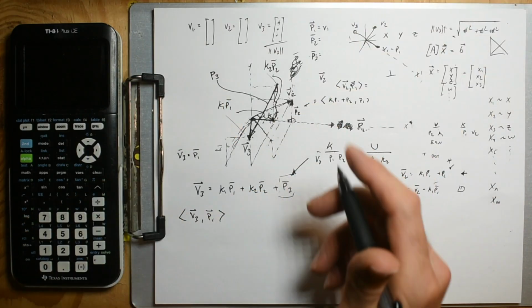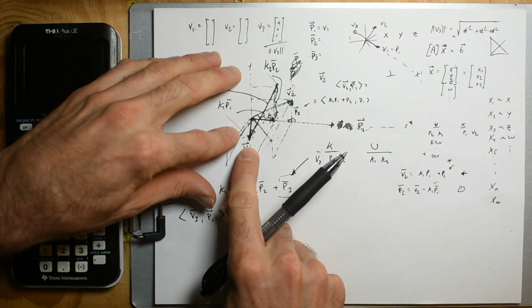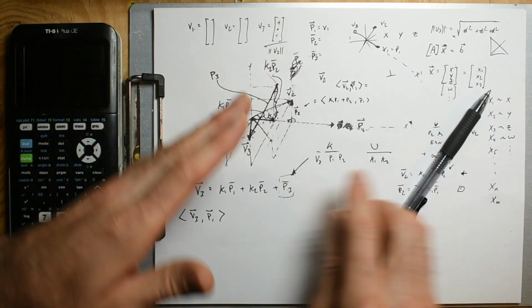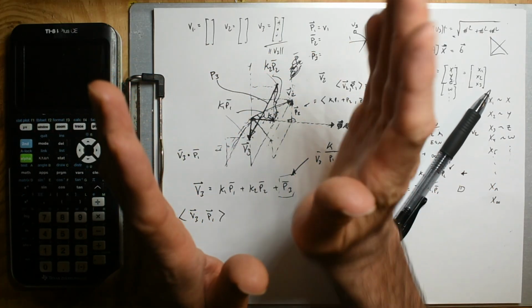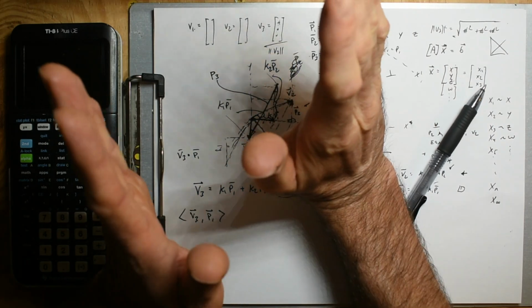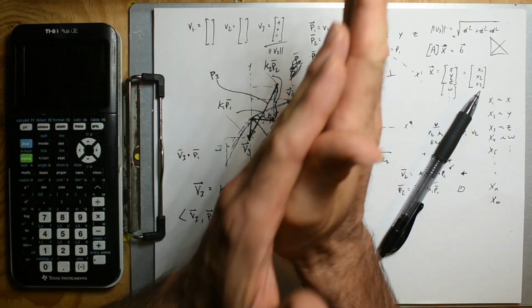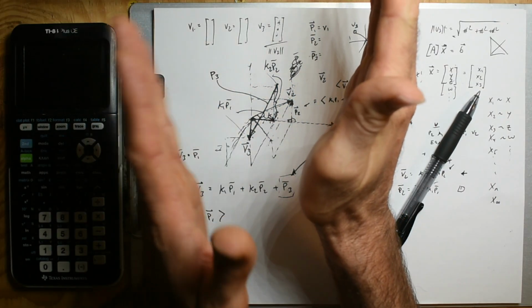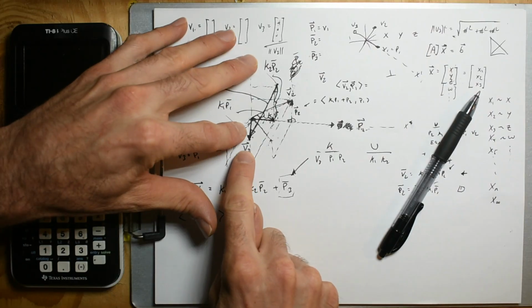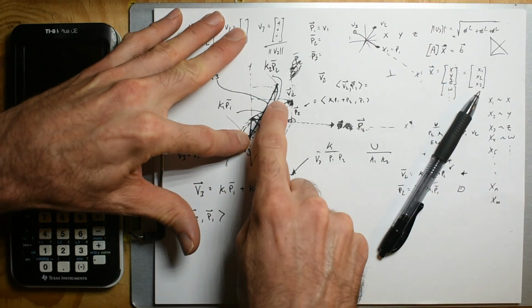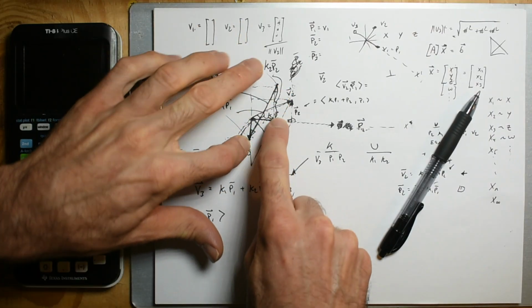And then you have this scalar. And then when you do the dot product with V2, I have some sort of wonky angle, and then I have V2 here. It's only the horizontal projection, you know what I mean? It's only the component that's in line. The only component of V3 that's in line with V2 is this K2 P2.